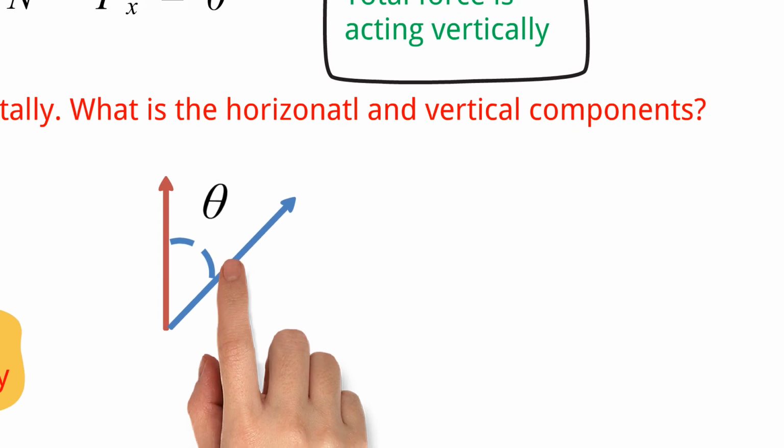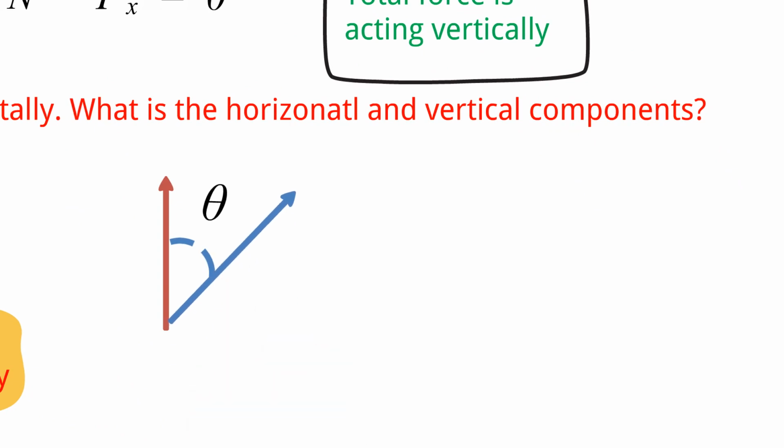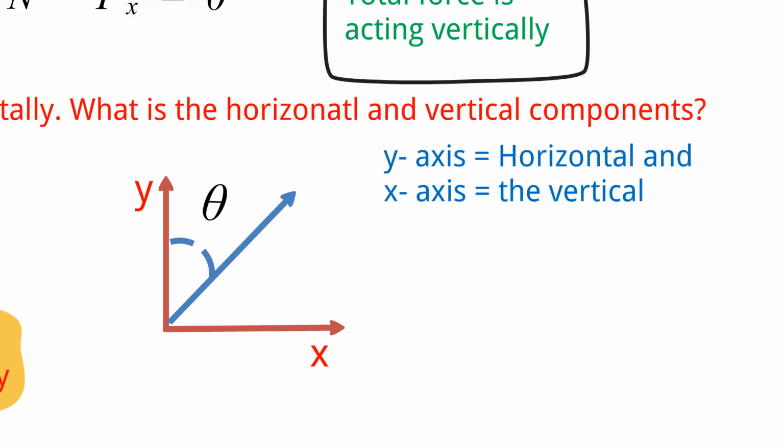If the vector makes an angle theta with the y-axis, then which is taken as the horizontal component and which is taken as the vertical component? In this case, the y-axis is the horizontal component and the x-axis is the vertical component. Simple.